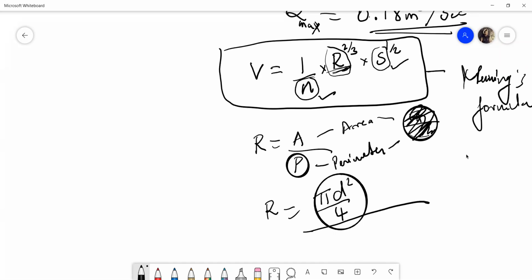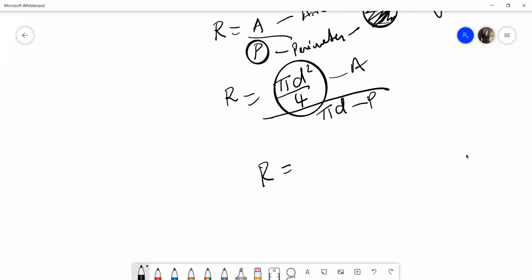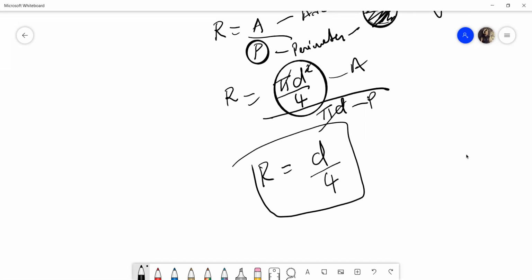Area by perimeter: pi d gets cancelled, so R is equal to d by 4.